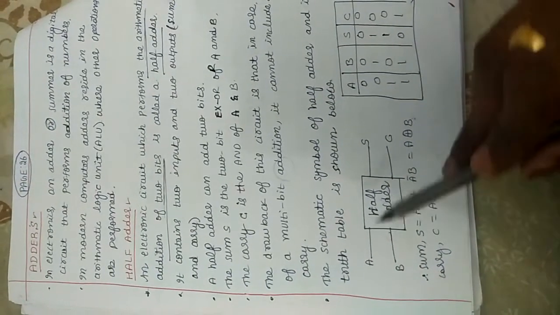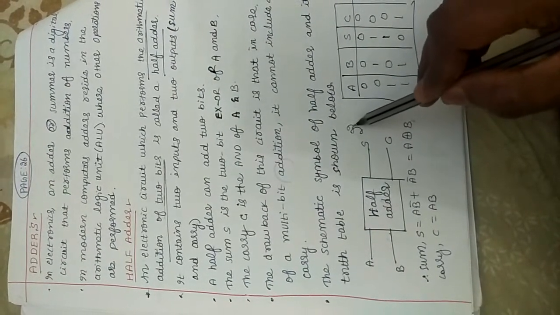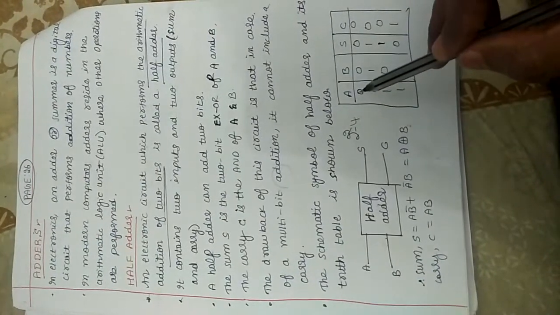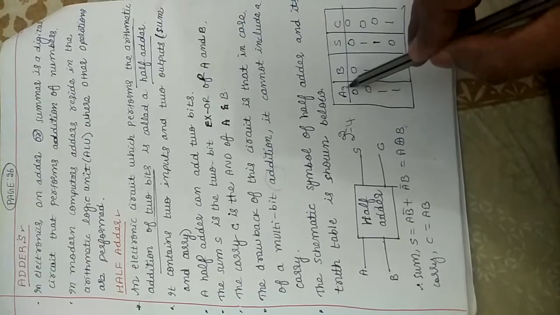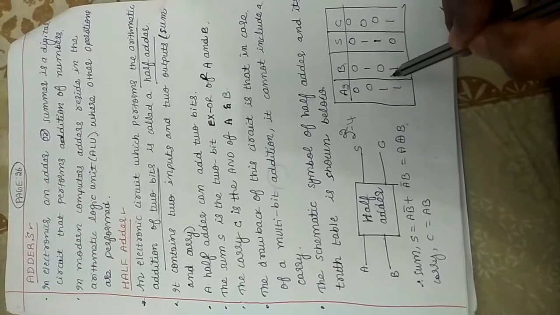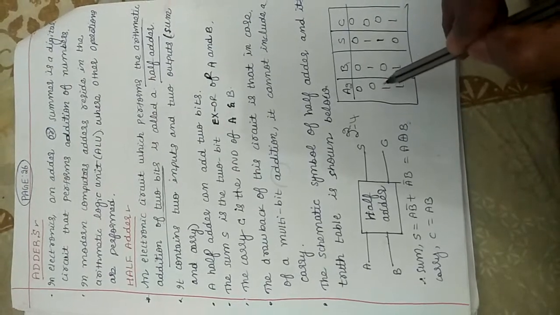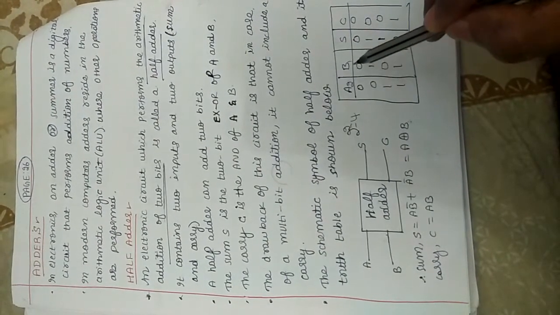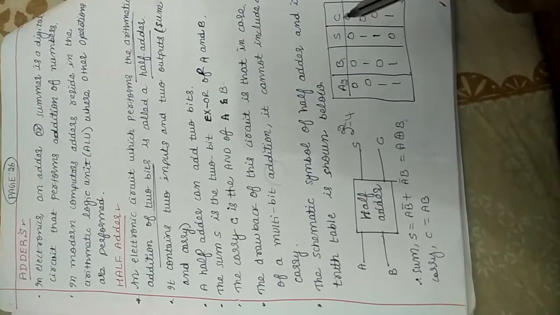Here two inputs are there. Two inputs means 2 square, that will give rise to totally 4 combinations. Therefore 0 0 is in the format 2 1, 8 4 2 1, 0 0 1 2 and then 3, 2 plus 1 is 3. S stands for sum, C stands for carry.